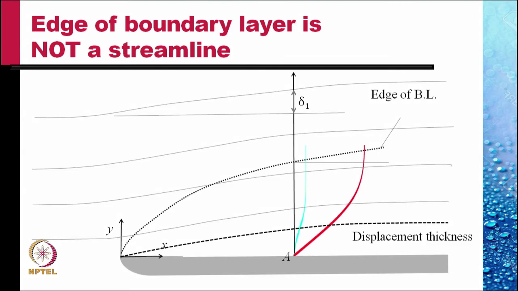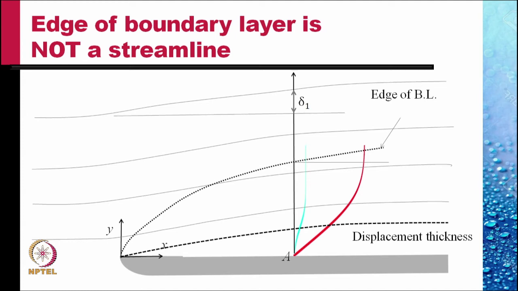This picture shows the streamwise velocity in red and the transverse velocity in blue. Both the displacement thickness, the boundary layer thickness, and the transverse velocity are shown exaggerated. But this shows that this is small compared to the value in the streamwise direction.